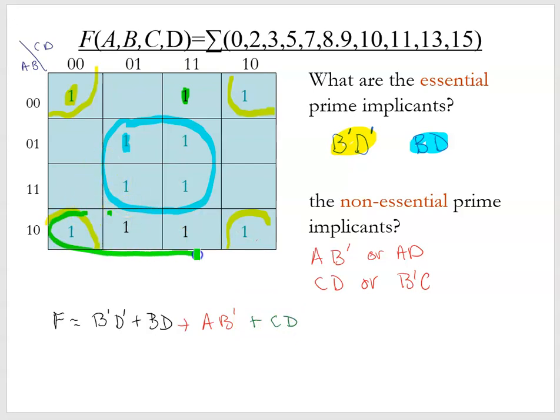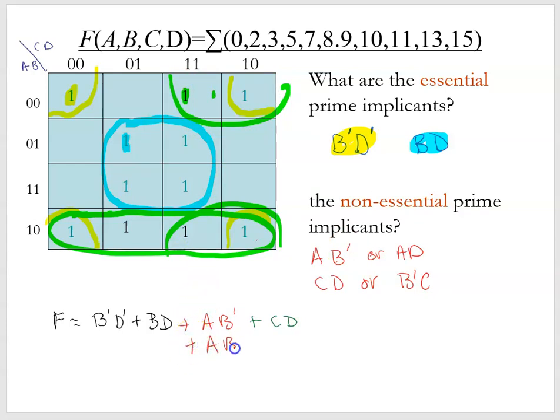We could do AB prime, CD, and we finished. Or we could do, oops, let me use the eraser. Or we could do AB prime, or instead of using CD, we could use our B prime C.